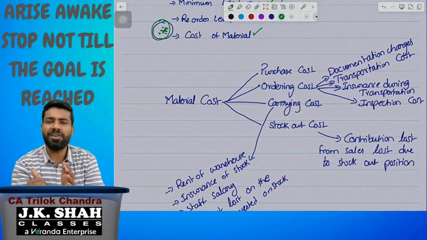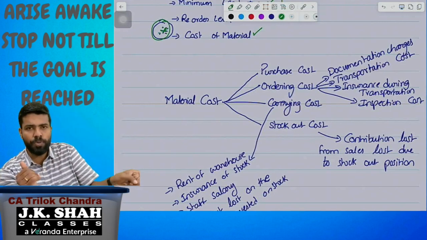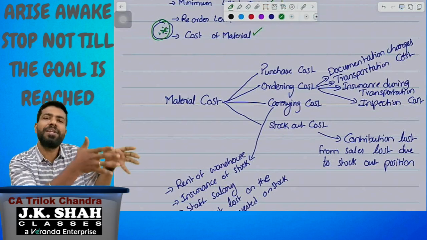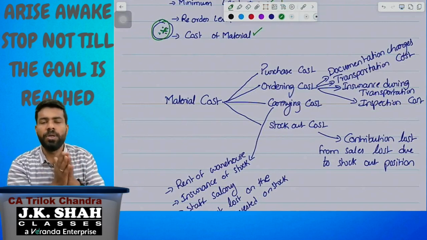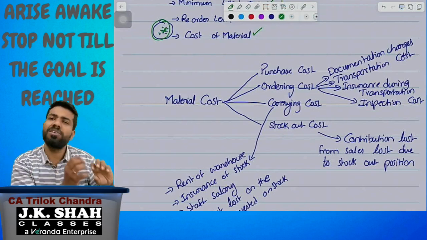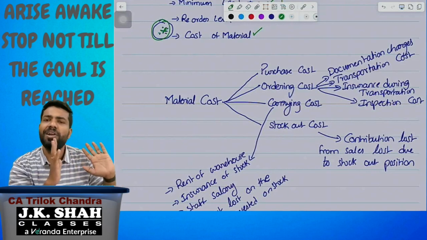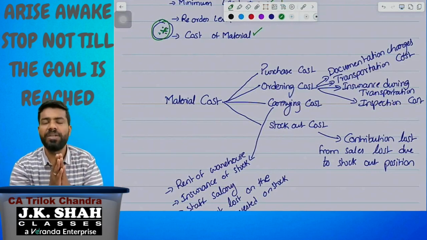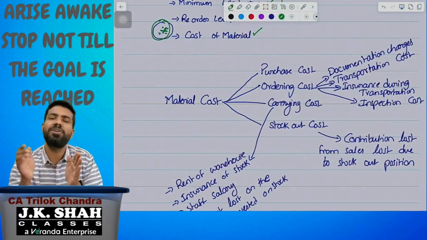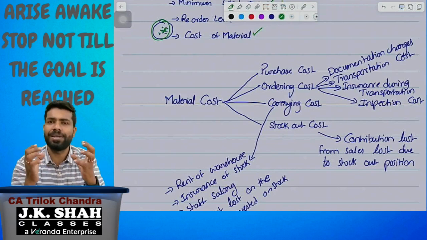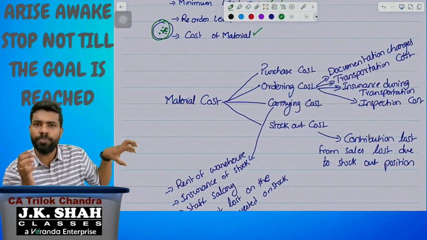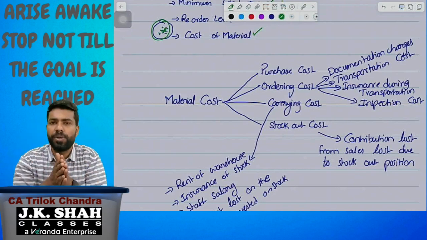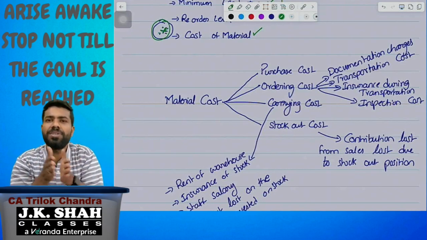When it comes to carrying cost, after the goods reach the storeroom, we are going to store the raw material in the storeroom. During that time, whatever cost is incurred is entirely called the storage cost, carrying cost or holding cost. Different names. You just think, when the goods are at the storeroom, what all costs are possible?